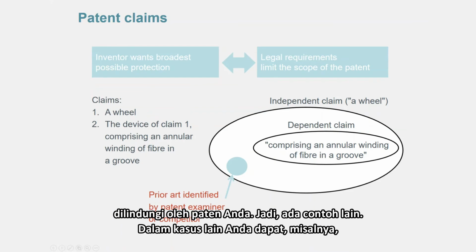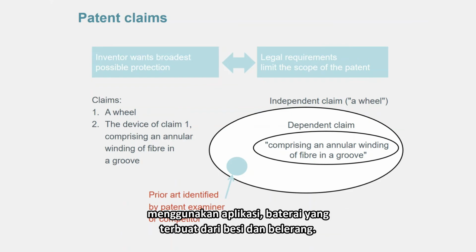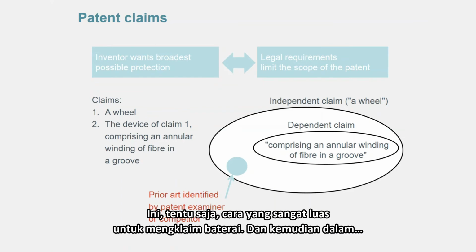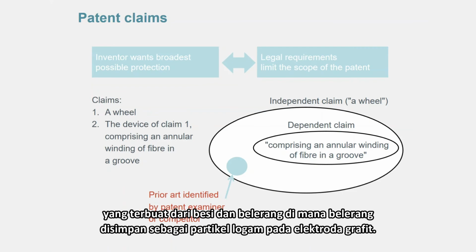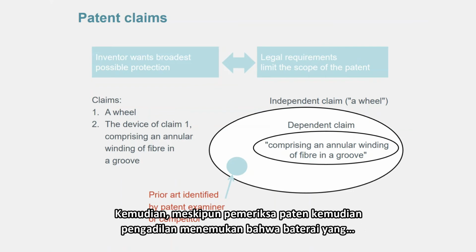So there is another example. In other cases, you might, for example, go for an application, a battery made out of iron and sulfur. It is, of course, a very broad way of claiming a battery. And then in a dependent claim, you might be more specific and say: the battery of claim one, that is a battery made out of iron and sulfur, in which the sulfur is deposited as metal particles on a graphite electrode.